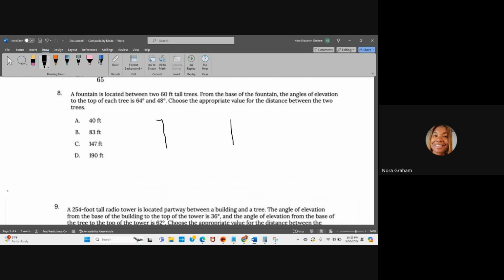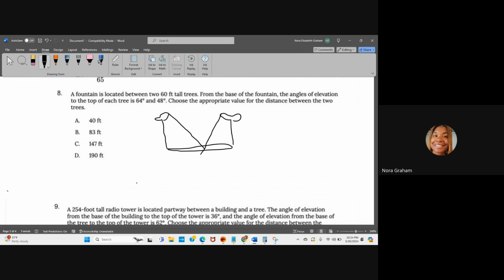So I have 2 trees, and this will be our fountain.